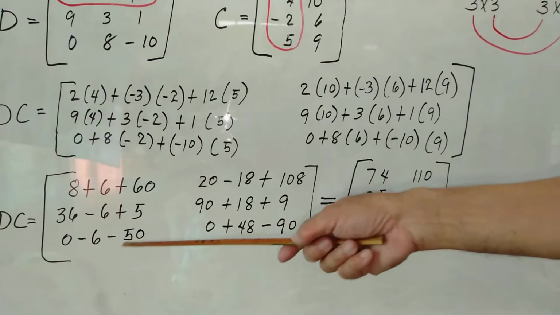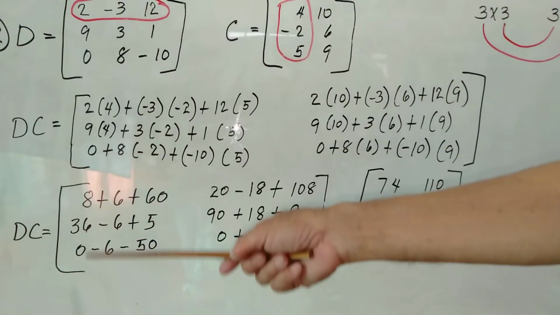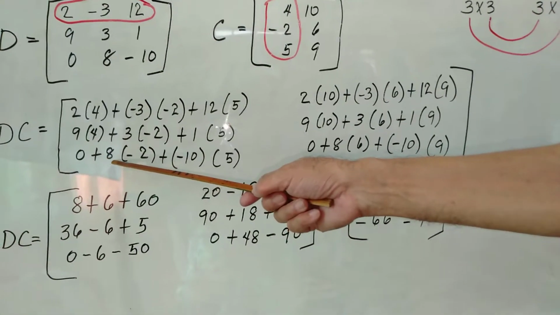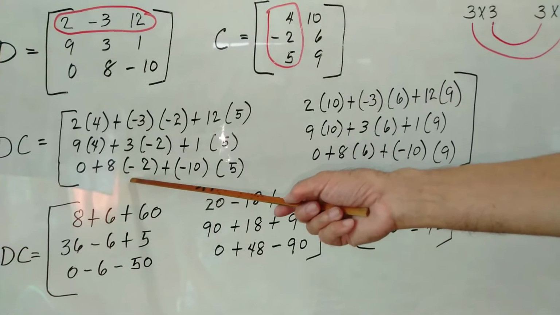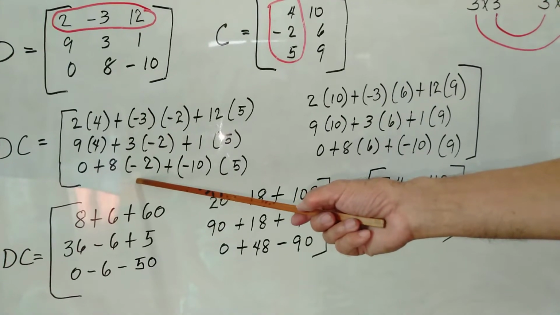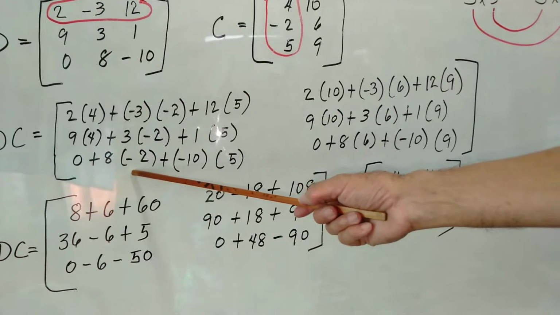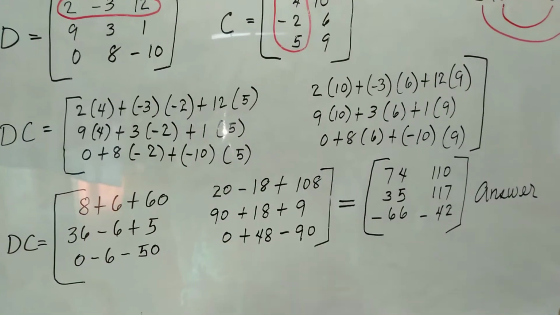So lastly, you just copy here 0. 8 times negative 2 is negative 16. So this is negative 16.